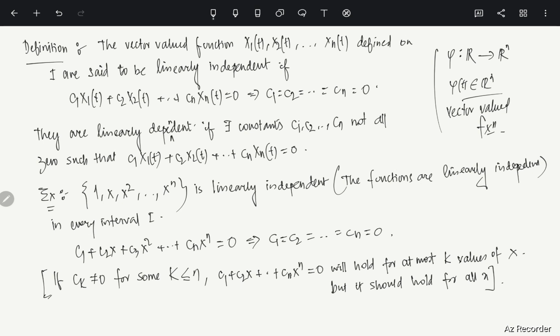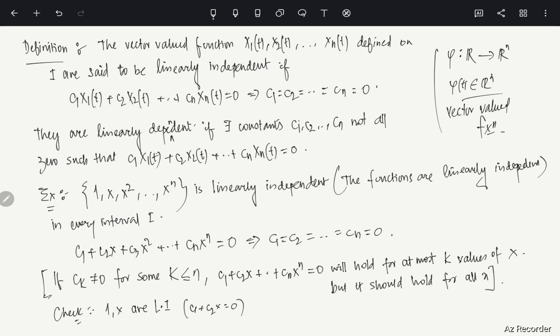If you are not convinced, you can do it like this. Let's say 1 and x, are they linearly independent? How do you prove something like this? You start with c1 plus c2x equals 0.